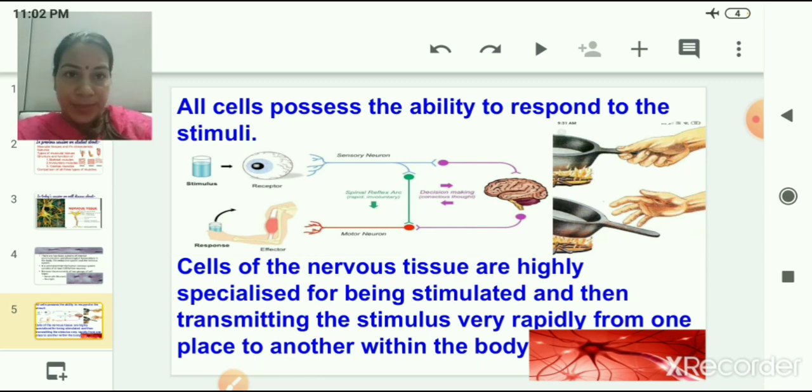In this slide you can see a picture of such responses. You have already studied these responses to stimuli in your previous classes. So the cells of the nervous tissue are highly specialized for being stimulated and then transmitting the stimulus very rapidly and very quickly from one place to another within the body.